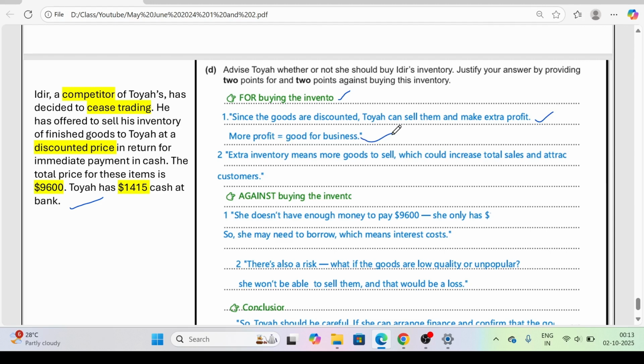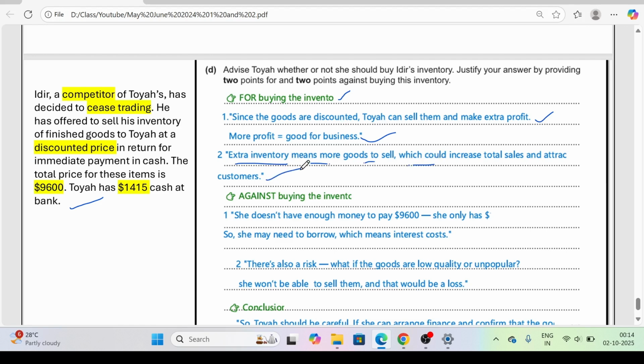Okay, remember, while writing an evaluation, first you have to note down some important points. After reading, you have to understand the question well, then make a point, then write like a paragraph. That's the good option for evaluation. Then the second one: extra inventory means more goods to sell, which could increase total sales and attract more customers.